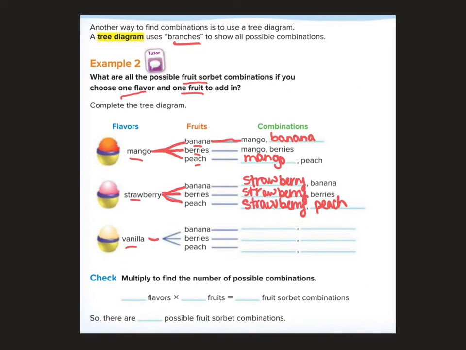All right, then we have vanilla banana. Vanilla berries. And vanilla peach.